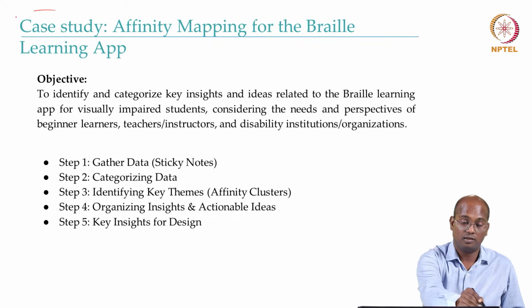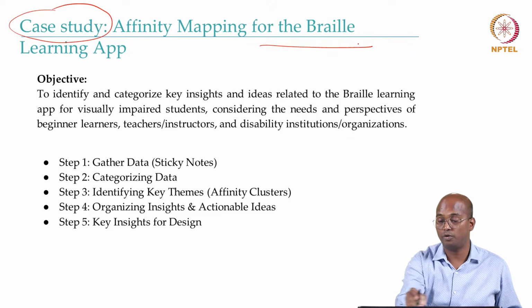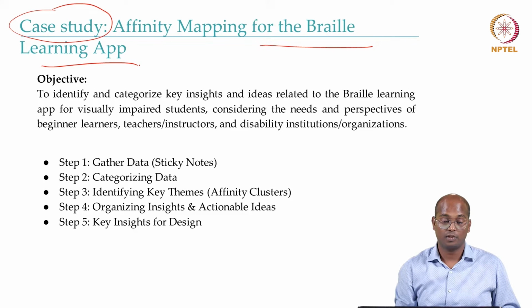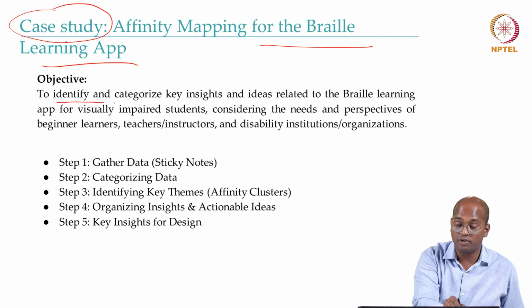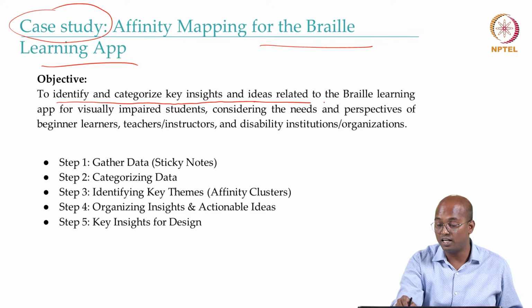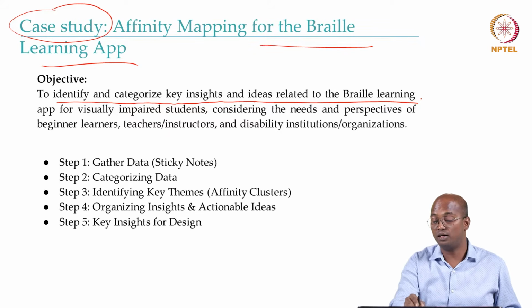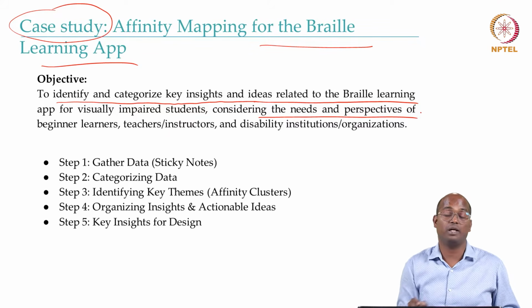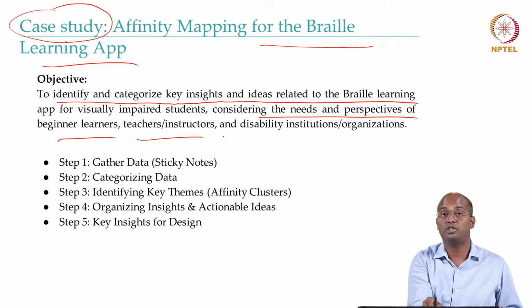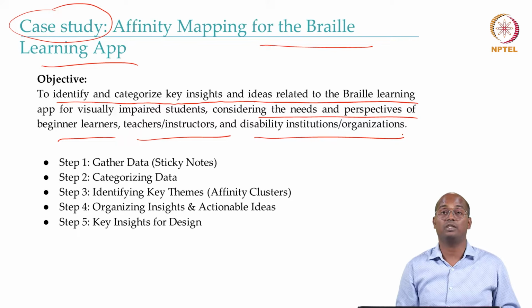So let's consider this with the help of a case study, our favorite project, the Braille Learning app. So here the objective is to identify and categorize key insights and ideas related to the Braille Learning app for visually impaired students, considering the needs and the perspective of beginner learners, teachers, and organizations related to disabilities.